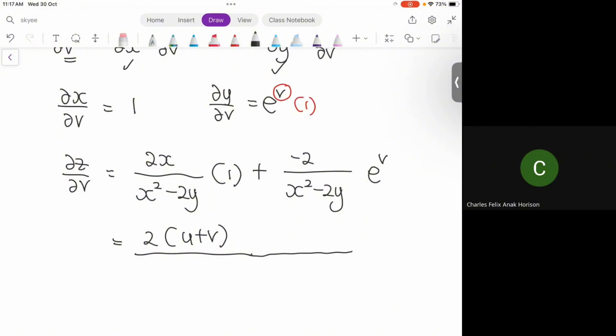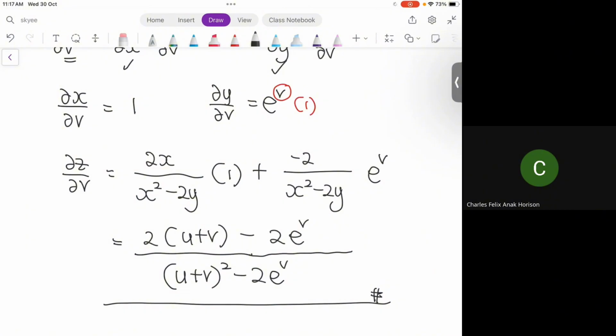So it's u plus v square minus 2 exponent v. Then this one would be minus 2 exponent v. You can factor it out, or if you want to leave it like this, no problem, it's also fine.